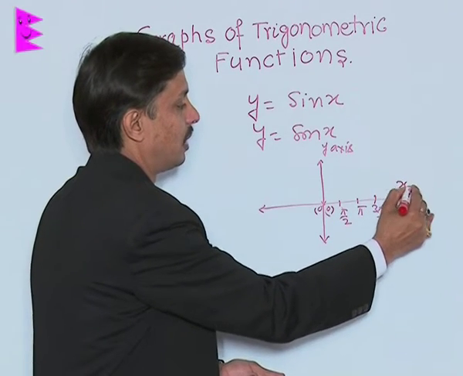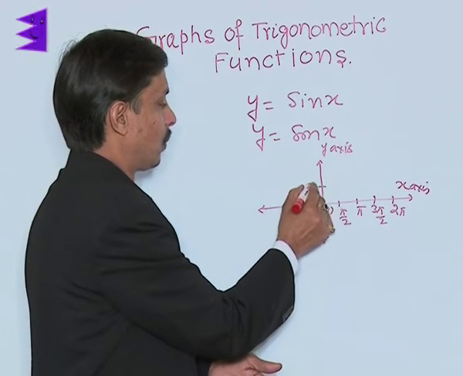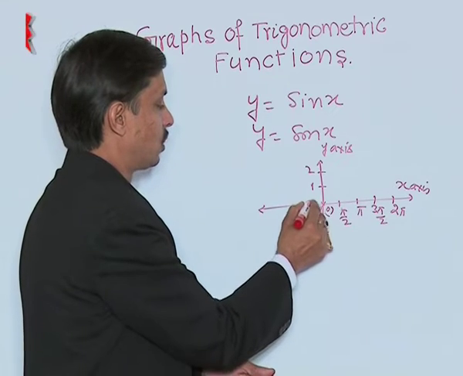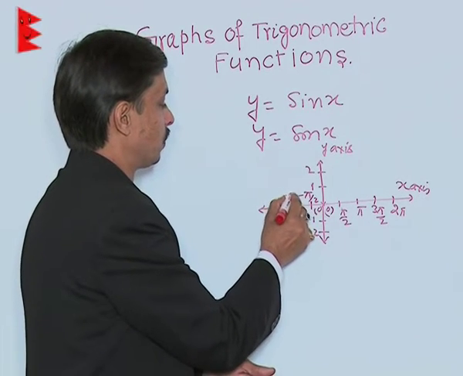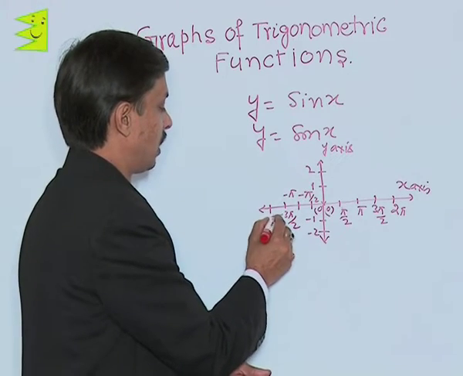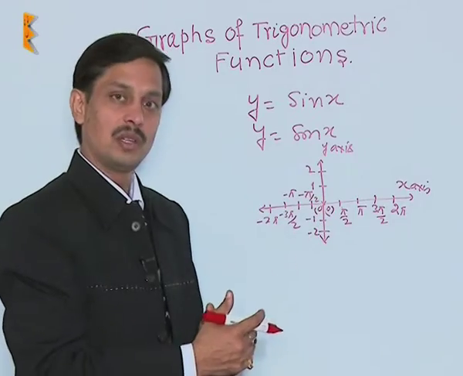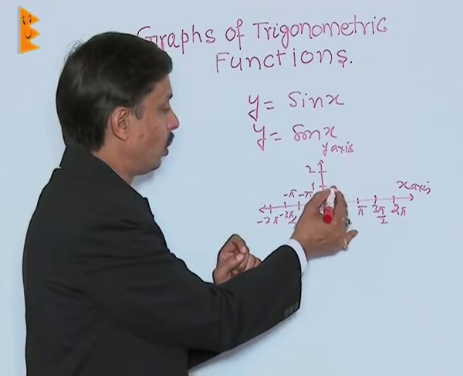This is the x axis, this is the y axis. Suppose this is 1, this is 2, -1, -2. In the negative direction, this is minus pi by 2, minus pi, minus 3 pi by 2, minus 2 pi. You can do this on graph paper.